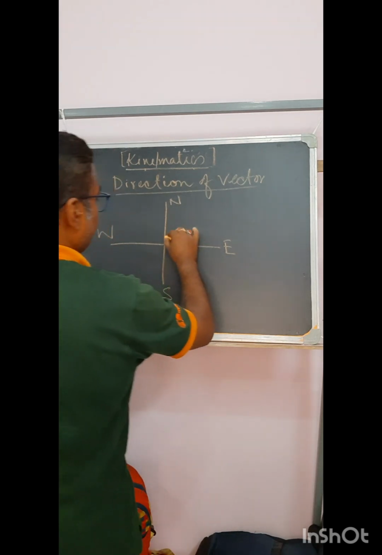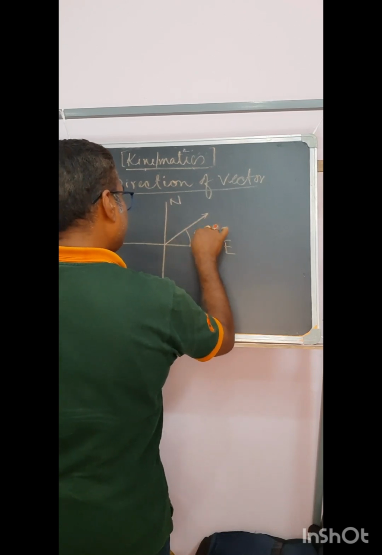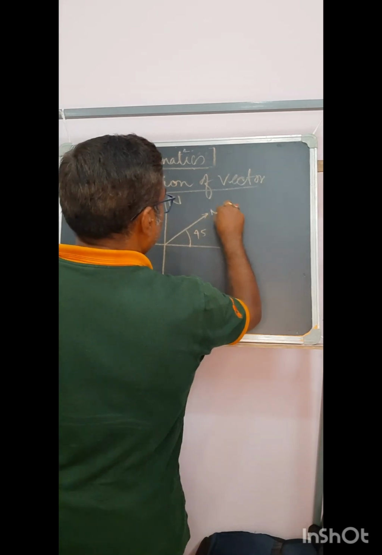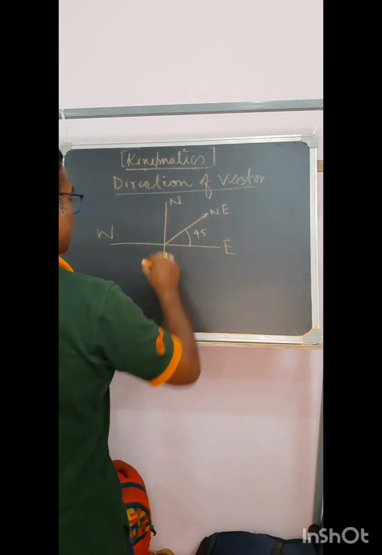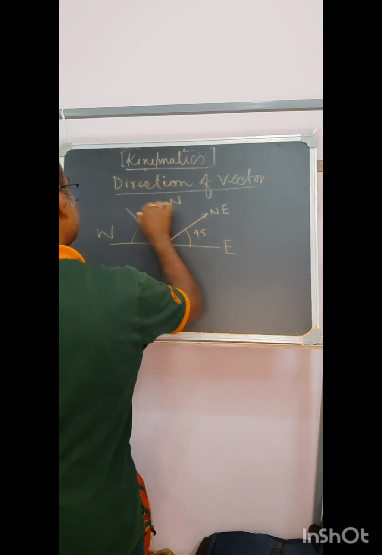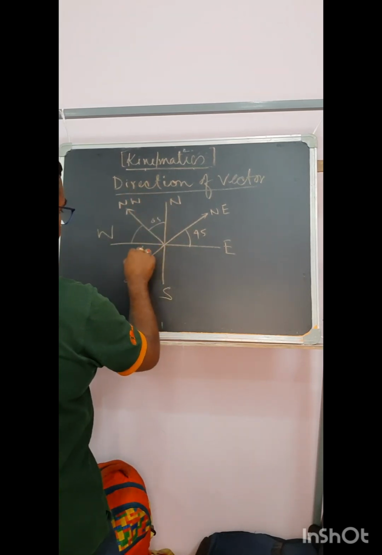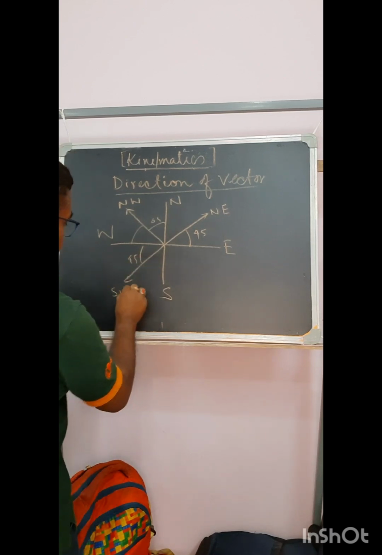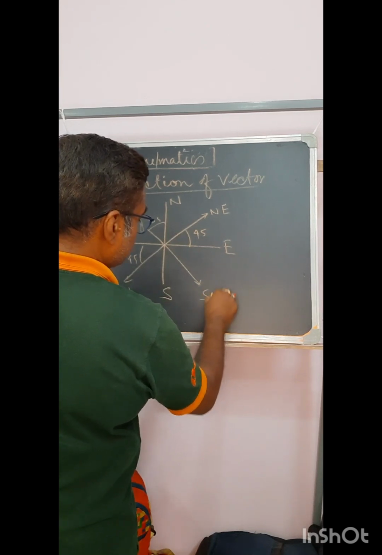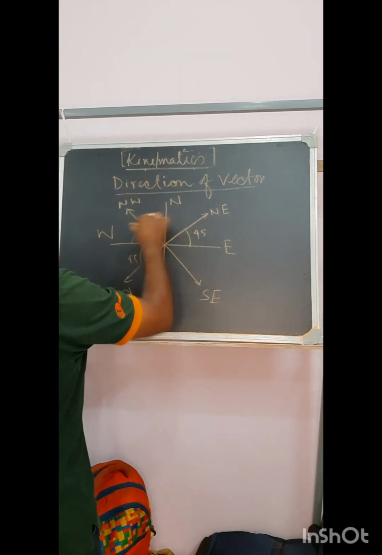Now let's say any vector which is exactly 45 degrees with east: the direction of this vector is northeast. If it is 45 degrees on the other side, this is called northwest, and this way, 45 degrees on either side, it is southwest. These are the cumulative directions I am saying, and this way it will be southeast. So this is the standard one where the angle is 45 degrees.